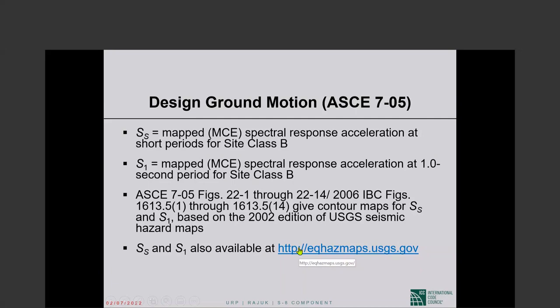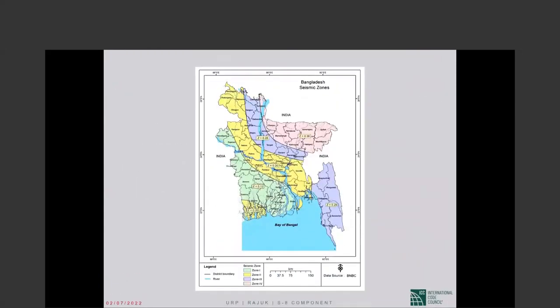We don't have to go to the USGS website. But anyway, for Bangladesh, you don't need the US values, so it's beside the point. But the point I'm trying to make is S sub ds and S sub d1 are quantities derived from S sub s and S sub 1, which are the basic quantities.